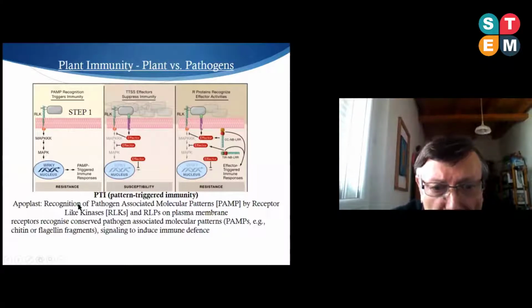There is at first recognition in the apoplast, between the cell wall and the membrane, of molecular patterns, and these receptors make the first signaling of danger.